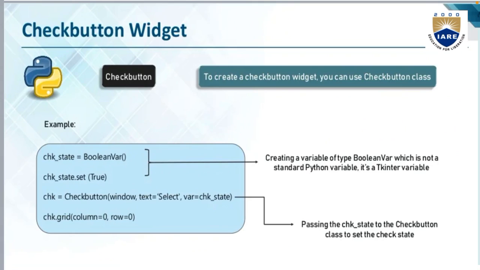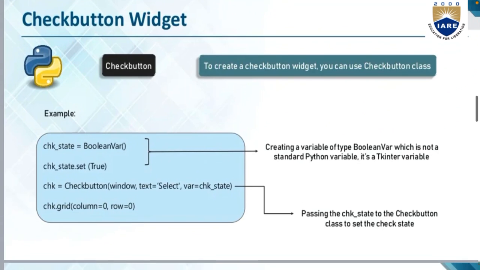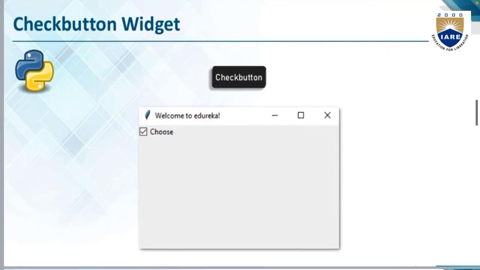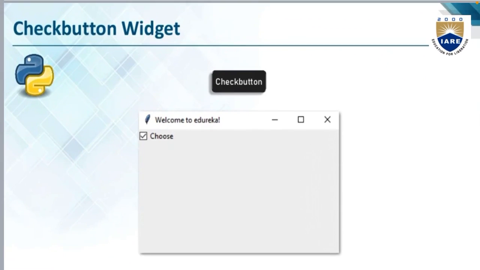Then we can specify the position of the check button by the grid method by specifying the column, comma, row. Here I am giving 0 comma 0. Here is the output.